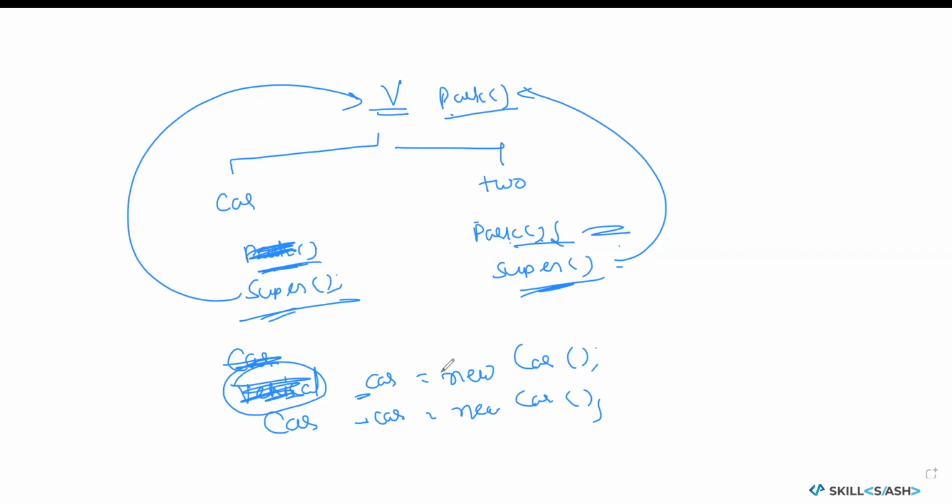Where will it not work? What will be the advantage and what will be the disadvantage of vehicle car or car? Here you are defining which type your object actually is.